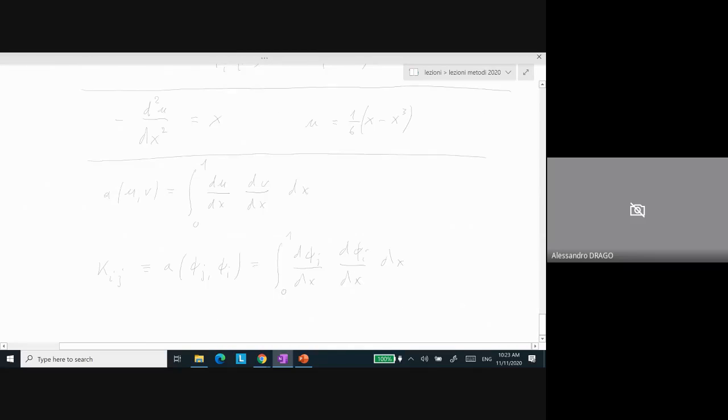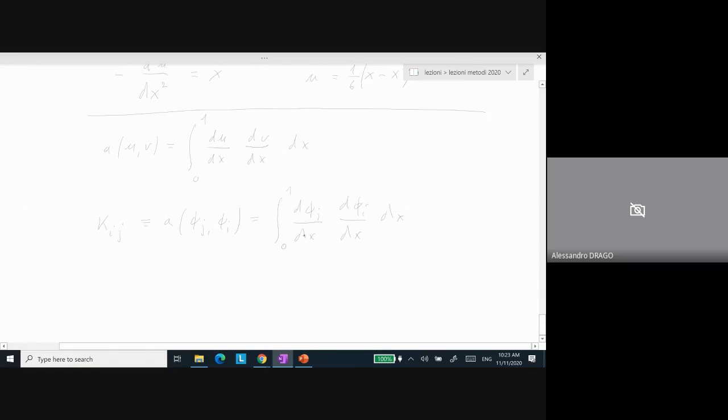So it is clear that this is trivial. The sine becomes cosine, and I skip the little algebra. It's not something so crucial. You just compute the derivative of the sine, you get the cosine, so you have to integrate the product of two cosines.